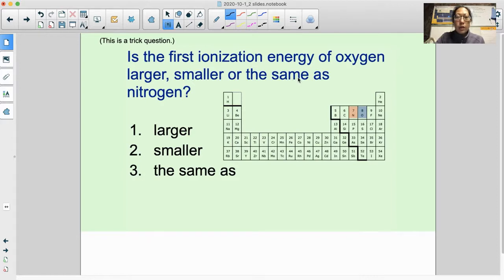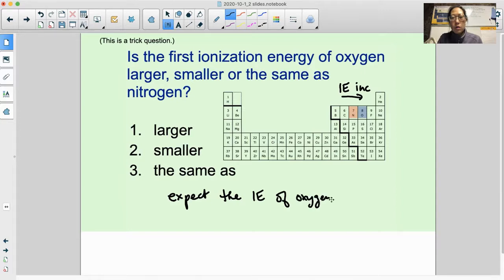Is the first ionization energy of oxygen larger, smaller, or the same as nitrogen? Again, going across, our trend says that ionization energy increases. So we expect the ionization energy of oxygen to be greater.